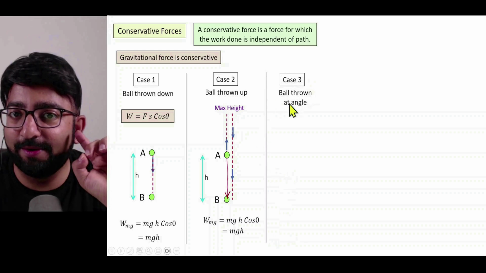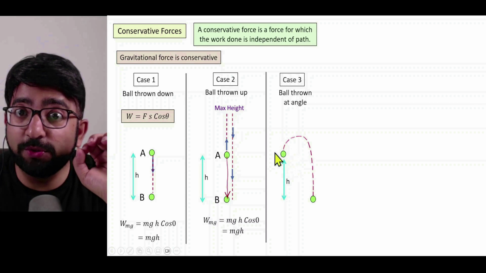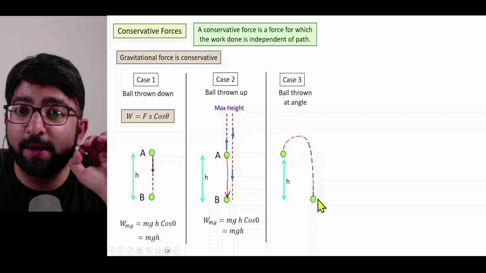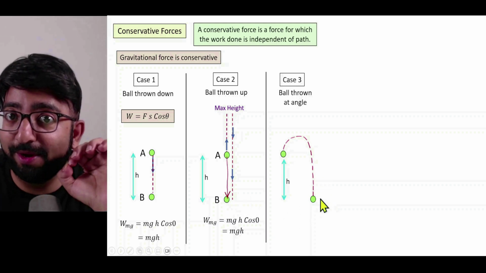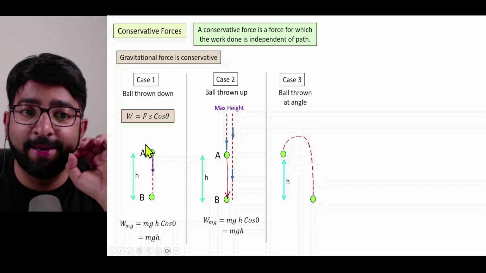Similarly, let's consider a third case where the ball is thrown at an angle. Let's say the ball is originally in the same position, point A, and then it is thrown at an angle to reach the same point B. In this case, what will be the work done by the gravitational force? The force is mg throughout the motion.